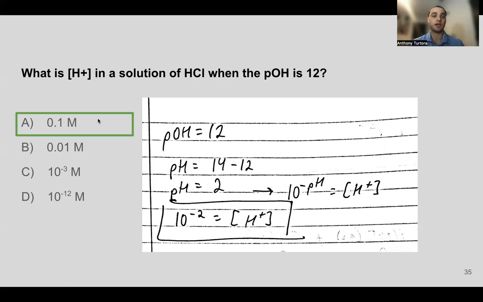So therefore, I find that my answer is A, which is 10 to the negative 2. And it's important to be diligent about knowing where you are putting your decimal points. You have 10 to the negative 2, and you know this is one of these values and not anything else. And also knowing that these two are actually the same.